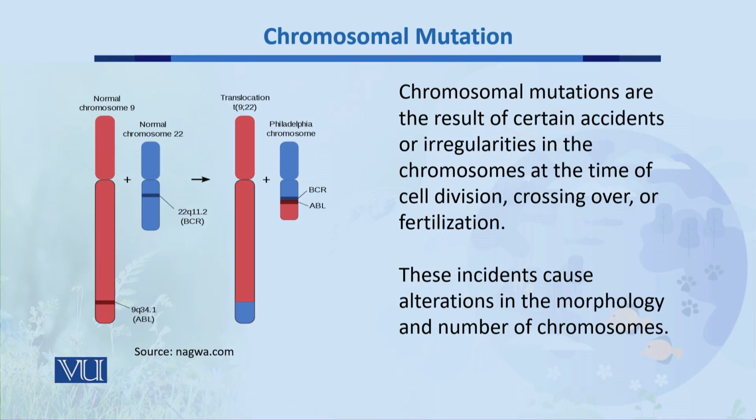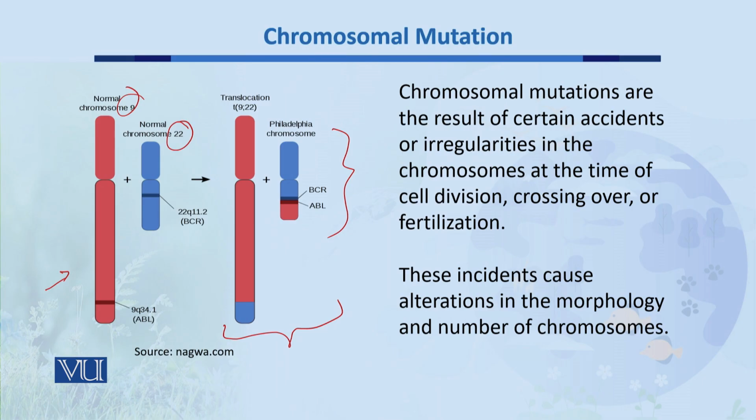Now, the example of translocation is evident here. You can see this is normal chromosome number 9, and we have another chromosome, number 22. They are present in a normal individual, but somehow during the process of cell division, crossing over or fertilization, in this case in the crossing over, you can see that this chromosome size has decreased significantly compared to a normal chromosome.